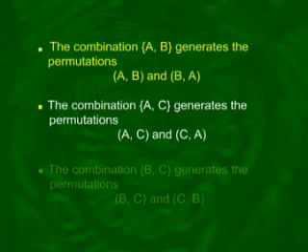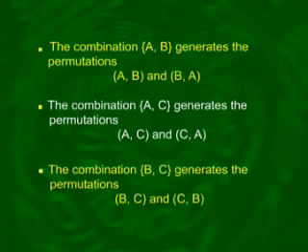And similarly, the combination BC generates the permutations BC and CB. So this is the relationship that exists between the total number of combinations that you can have and the total number of permutations that you can have from one particular set and of a particular size that you select out of it.